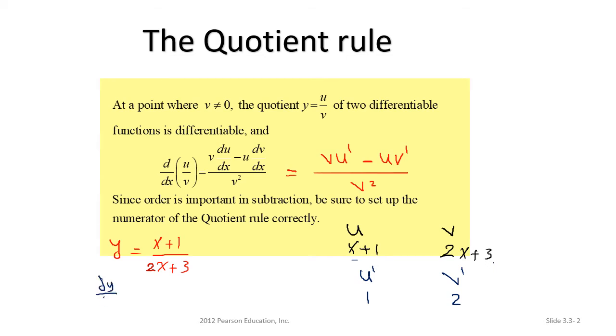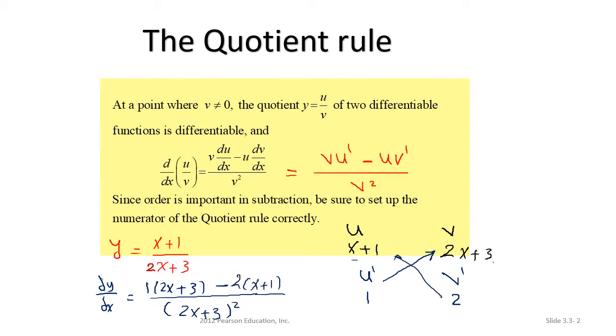So dy by dx is equal to the squaring of the denominator, which is (2x plus 3) to the power of 2. Then u dash multiplied by v, so it's 1 multiplied by (2x plus 3), minus 2 multiplied by (x plus 1), over the denominator to the power of 2.